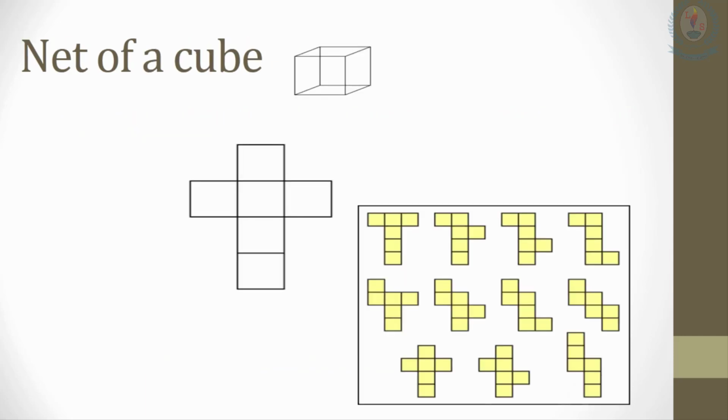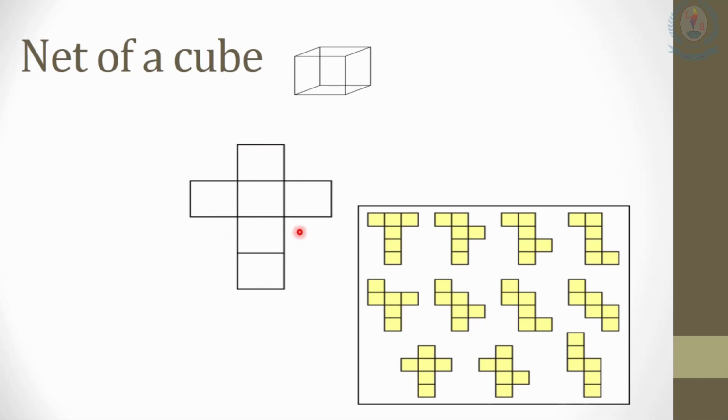Here you can see the net of a cube. I think you can remember the number of faces in a cube is 6. So the number of parts in the net is the same as the number of faces on the cube. We know that there are 6 faces. So look at this net.